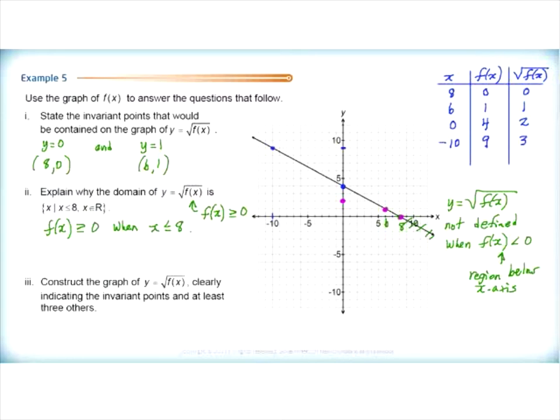So when x is -10, the value of y on the square root function graph will be at a positive 3. So this will give you the graph of the square root function. That's the graph of y equals the square root of f of x.